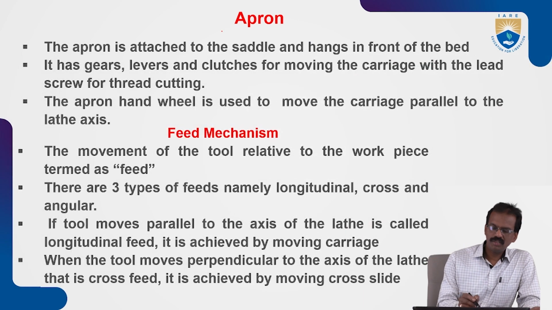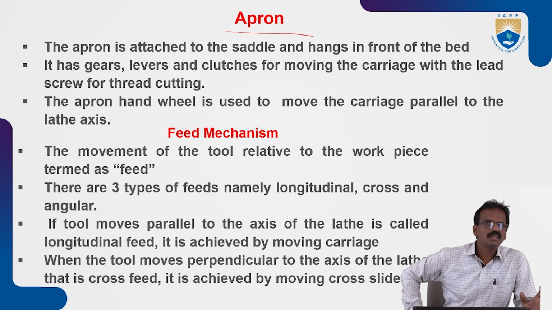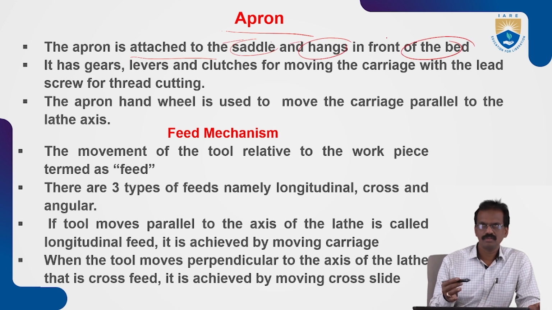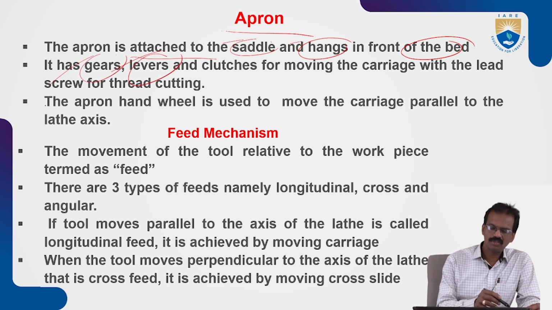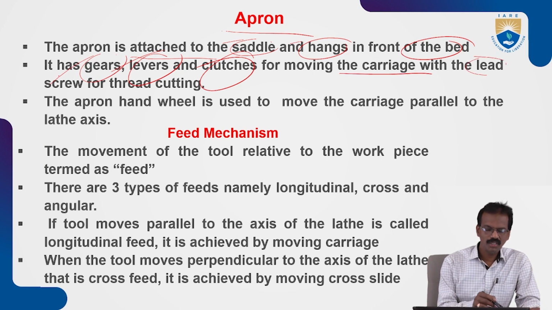So next one is the apron, which is very important. Apron, so it is the front portion of the carriage. The apron is attached to the saddle and hangs in front of the bed. So it has gears and levers and clutches for the movement of the carriage with the help of the lead screw.